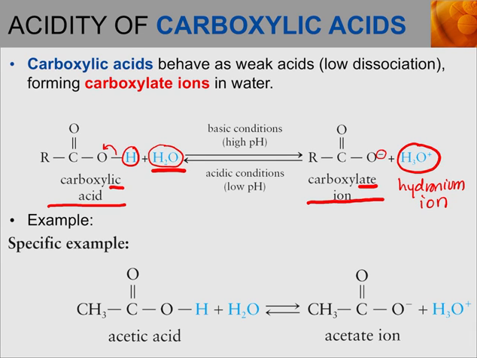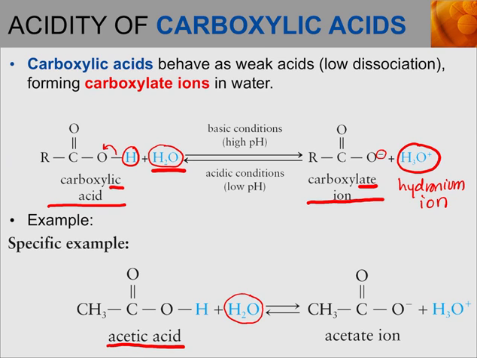This is very similar to how we named esters, right? We used the carboxylic acid part and changed the ic acid to ate. So for example, down below, we've got acetic acid here, and that's what's present in vinegar. And we're going to react that with water.